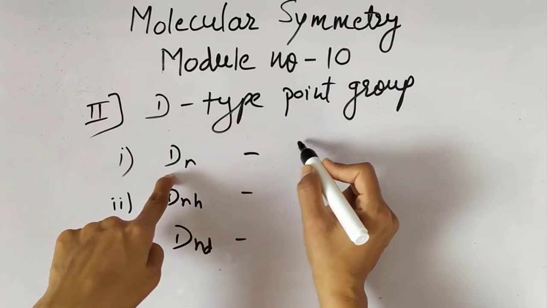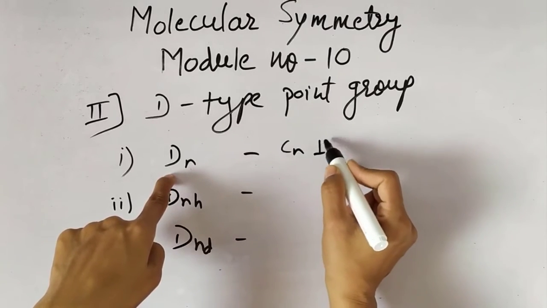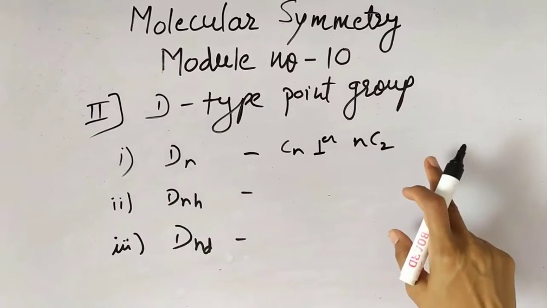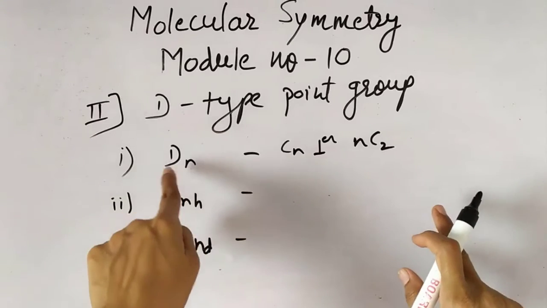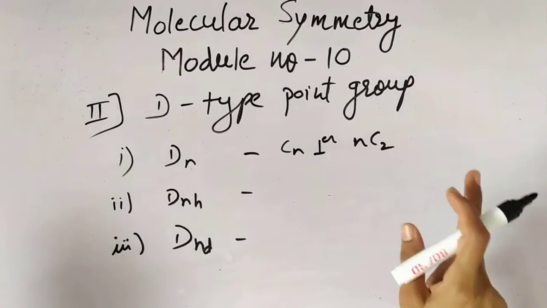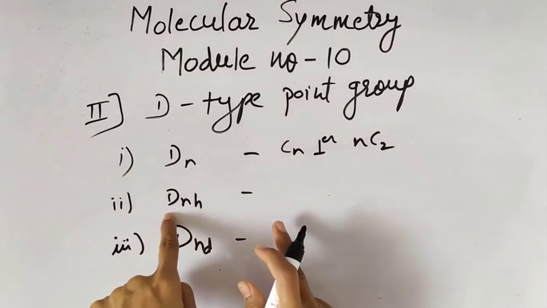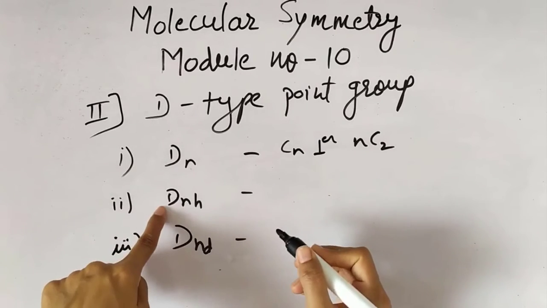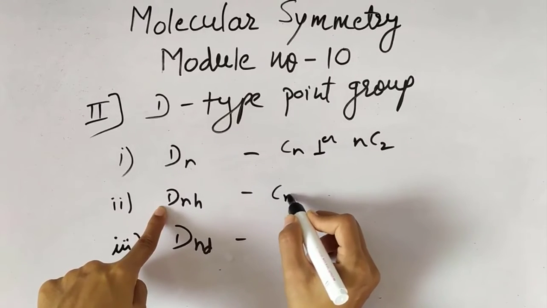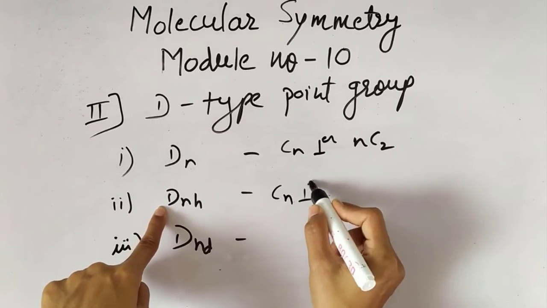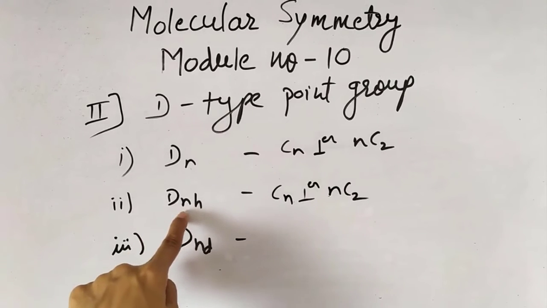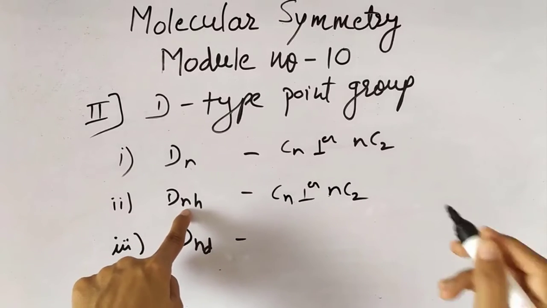If the molecule possesses a Cn rotation axis perpendicular to n C2s, then the molecule is said to possess Dn type of point group. That's it. What is the definition for Dnh? You can easily make the definition. What's the definition for Dn? If the molecule possesses Cn perpendicular to n C2s. This is the definition for Dn.